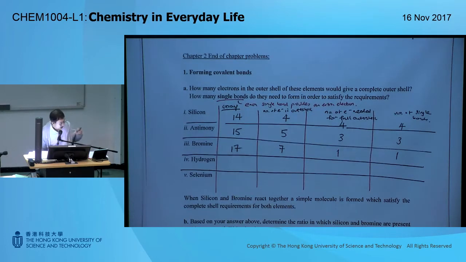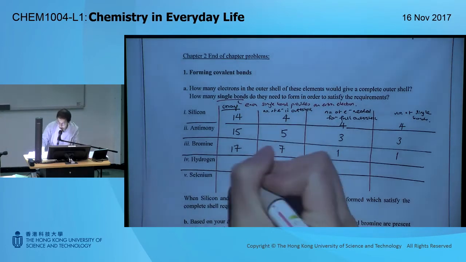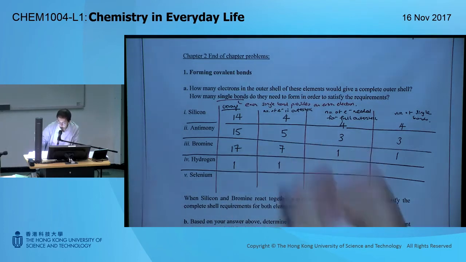Hydrogen, the first element we know, is in group 1 and it has 1 electron in the outer shell. Now to get a complete outer shell for hydrogen, do we need 7 more electrons? No, because hydrogen is in the first row, therefore the first shell, and the first shell only has space for 2 electrons.